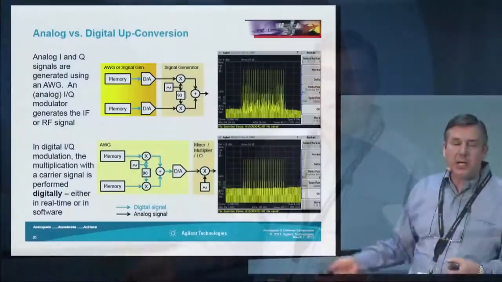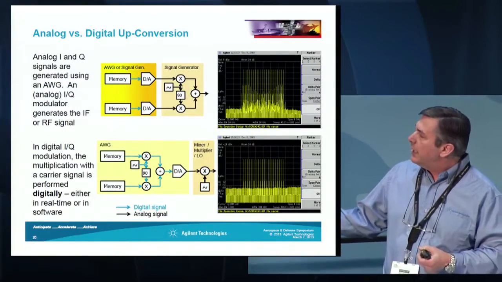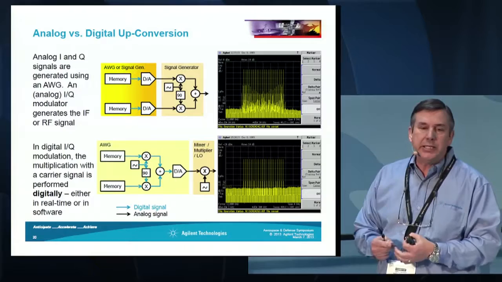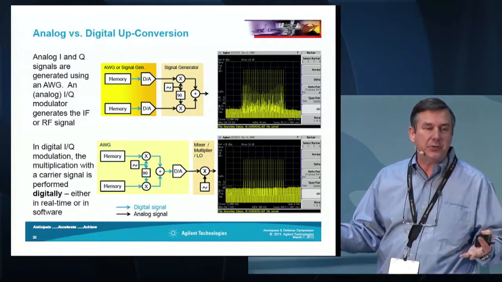When you do the modulation in a digital method, classically that could be done in the IQ waveform. You do a little bit of extra math in the software, and then instead of creating two waveforms with I and Q, you create an IF waveform, with frequency and magnitude, that you can load directly into an arbitrary waveform generator.